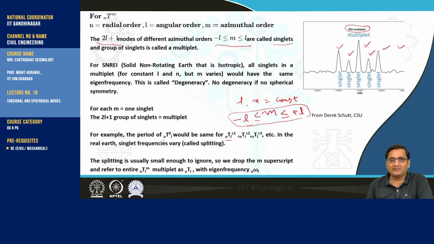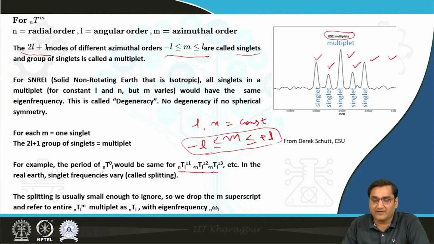But in the case of the real Earth, the frequencies of all these modes will be different, and this phenomenon is known as splitting. The splitting is usually small enough to ignore, so we can drop the m superscript and refer to the entire nTl multiplet as nTl only, with eigenfrequency omega.